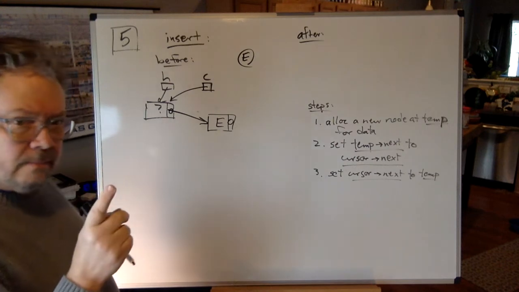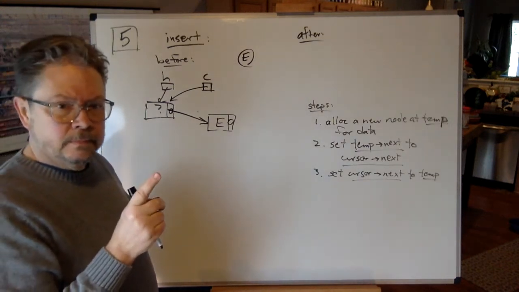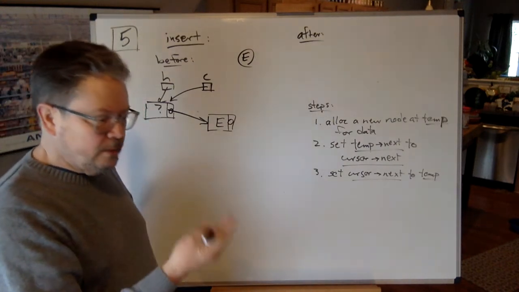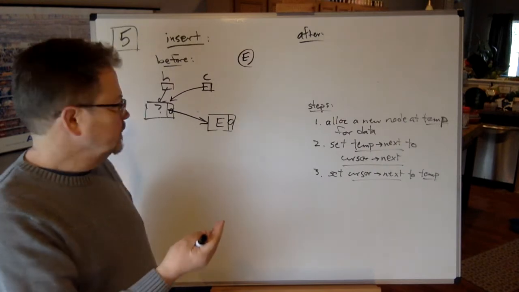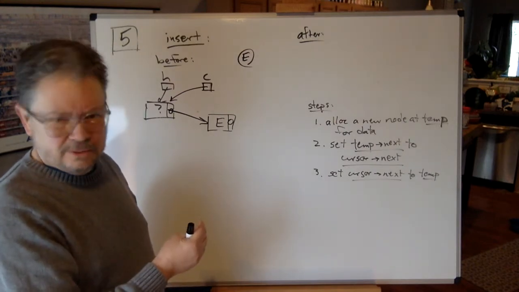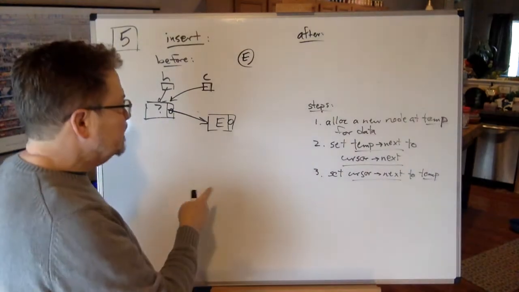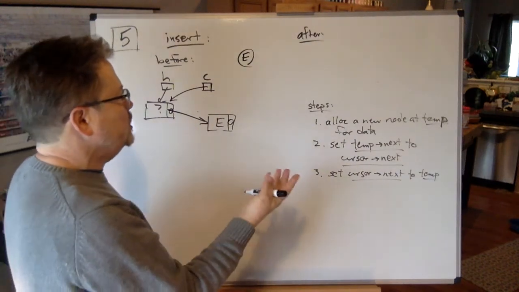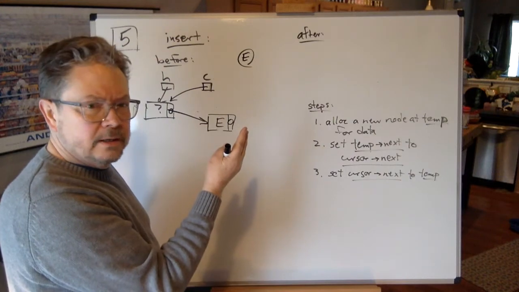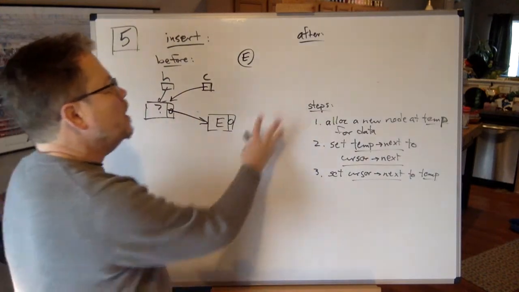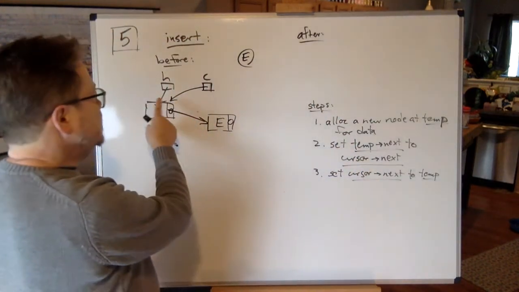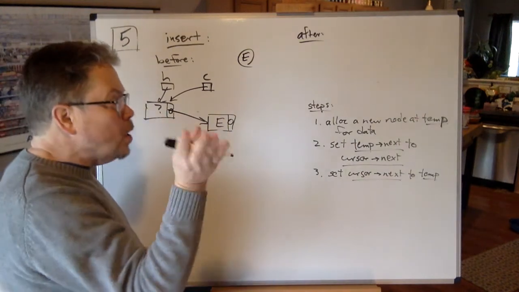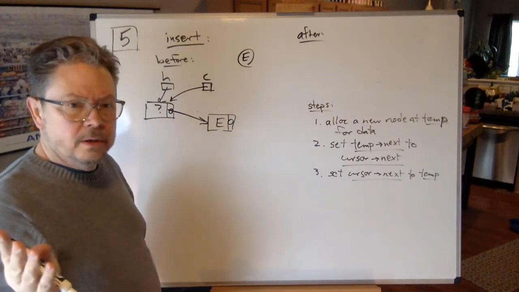Here's a governing rule of thumb, and as a lazy programmer, I really like this one. Don't do anything you don't have to do. If it's not part of the mission, the goal of insert, which is just to put a new node in the list for crying out loud, if it's not part of its job description to move the cursor around, then don't move the cursor around.